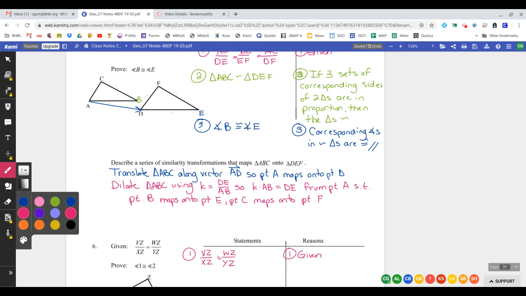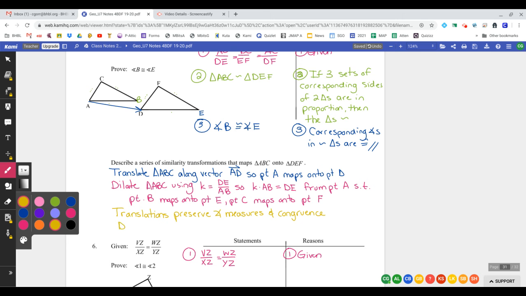So we know that translations preserve angle measures and congruence.